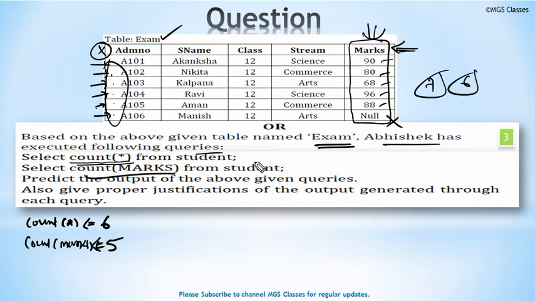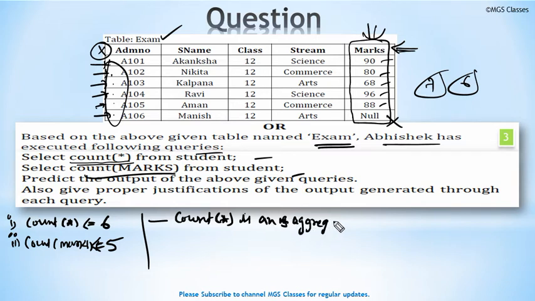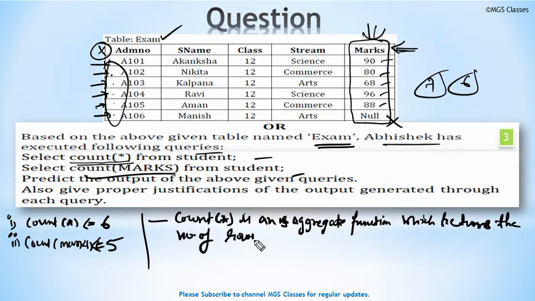Okay, so you need to predict this output, and also give proper justification for the output generated through each query. So in the justification of the first query, you can write: count star is an aggregate function which returns the number of rows in a table.